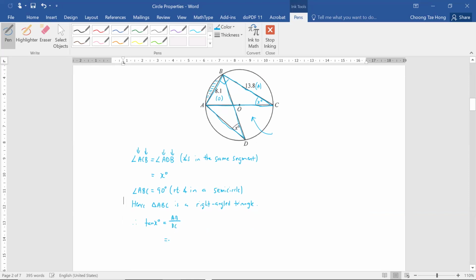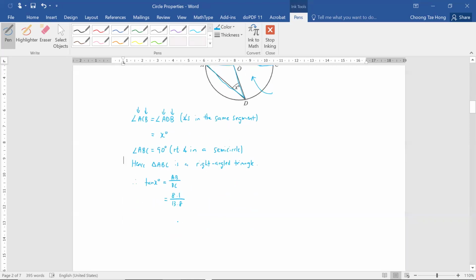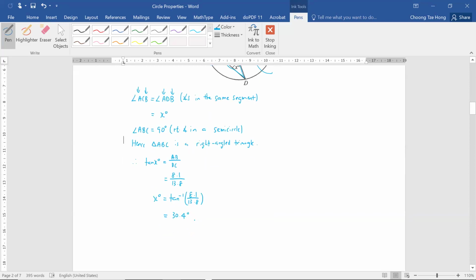Let's sub in the values: 8.1 over 13.8. Then we do a tangent inverse, and we get 30.4 degrees. So this means that x will be 30.4.